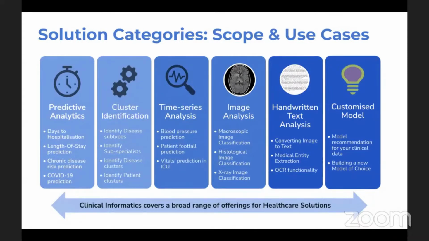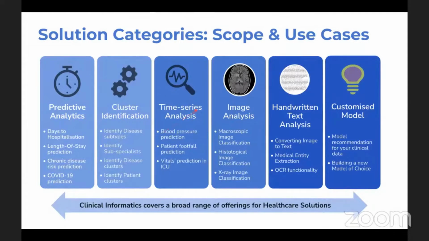So how can we identify these subspecialist doctors within a domain of ophthalmologists? These clusters can also be identified from clinical data. We can also identify disease clusters, what are the diseases which tend to co-occur in a population group of a certain age. And we can also identify patient clusters.